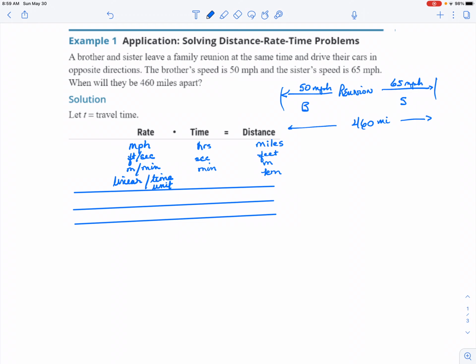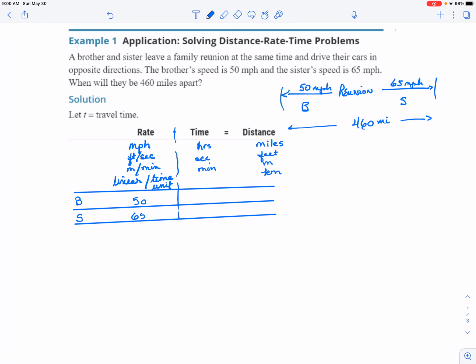So what I'd like to do here is we're dealing with two people. So you see on my chart I've created two rows. In one row I'm going to put the brother's information, and the other row I'm going to put the sister's information. So the brother under rate, first column, is 50 miles per hour.